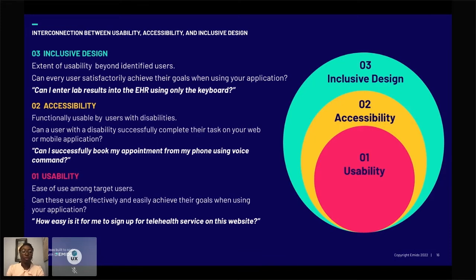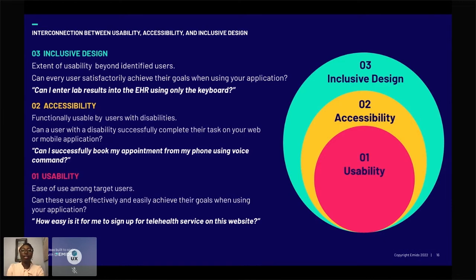An example I will share here is someone who uses voice command. Can they successfully book an appointment from their phone using voice command? Or do they have to get the assistance of somebody to help them book the appointment?